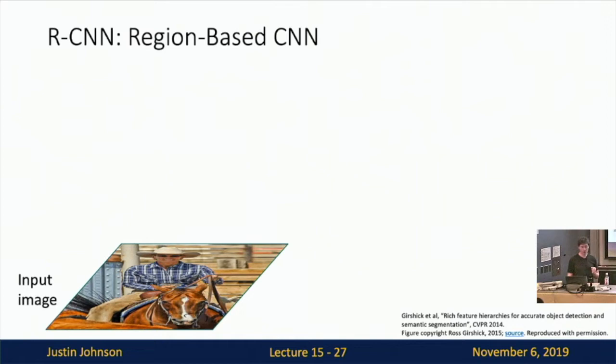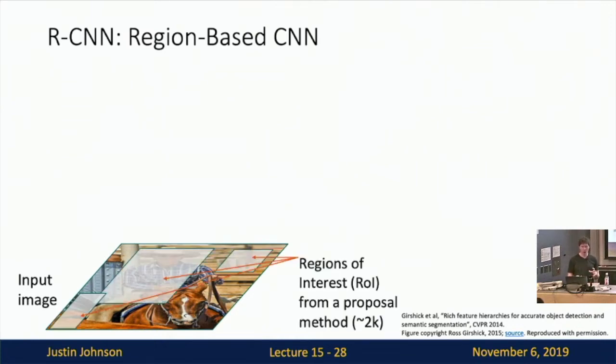So what we're going to do is start with our input image, and then run our region proposal method, like selective search. Selective search will give us something like 2,000 candidate region proposals in the image that we need to evaluate. Here we're only showing 3 because I can't fit 2,000 on the slide.